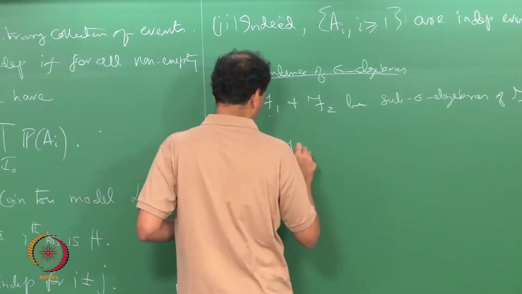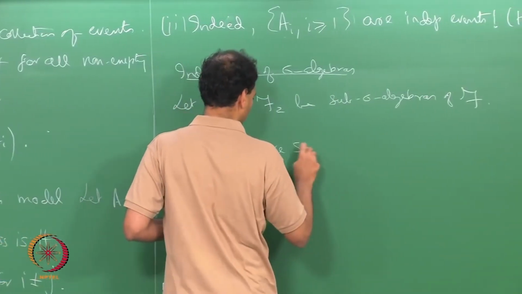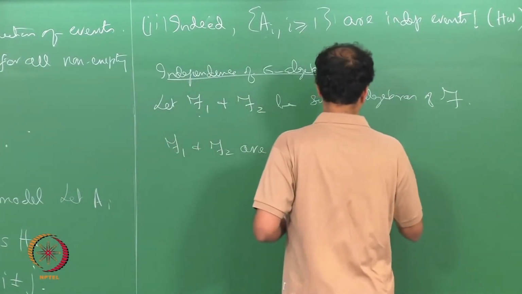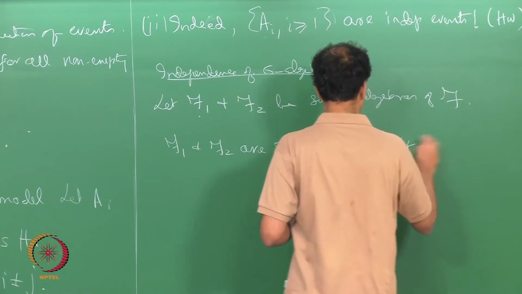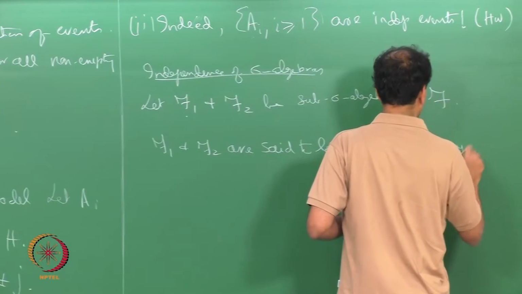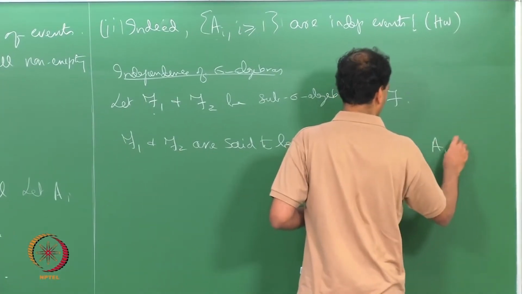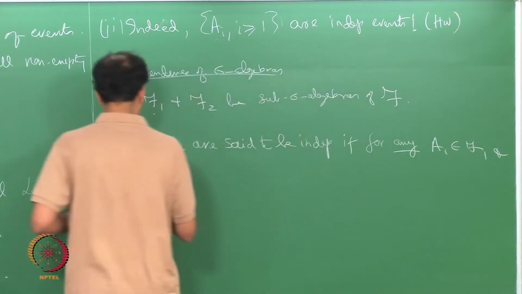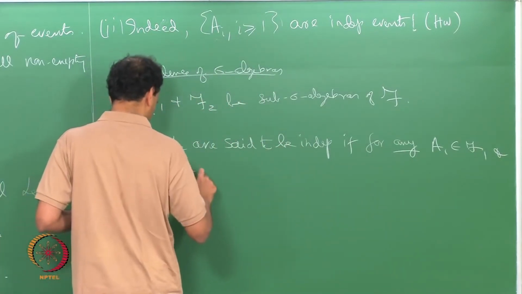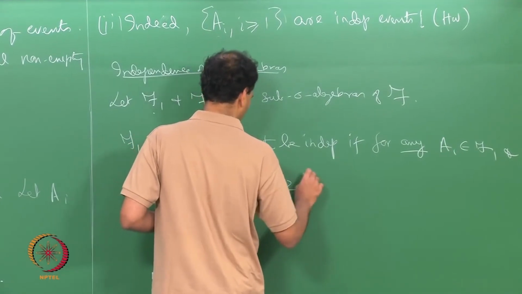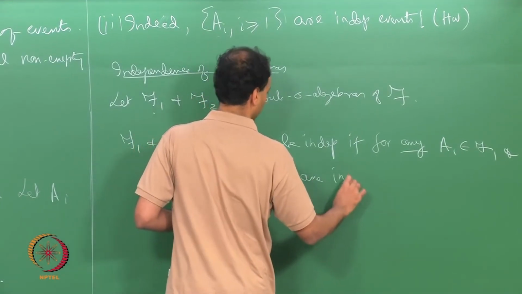F1 and F2 are said to be independent if for any A1 in F1 and any A2 in F2, A1 and A2 are independent.